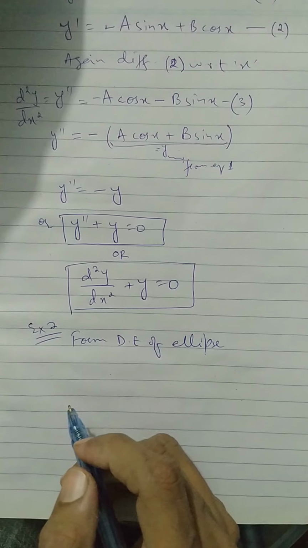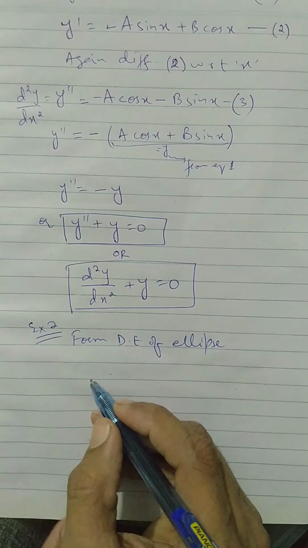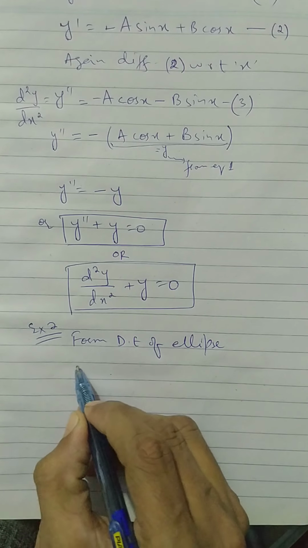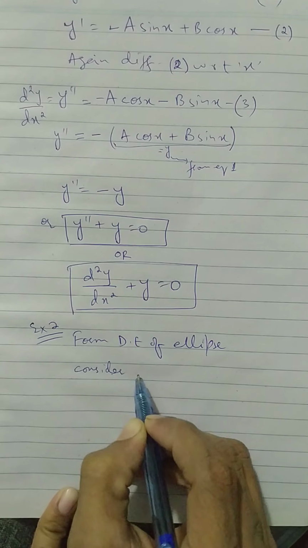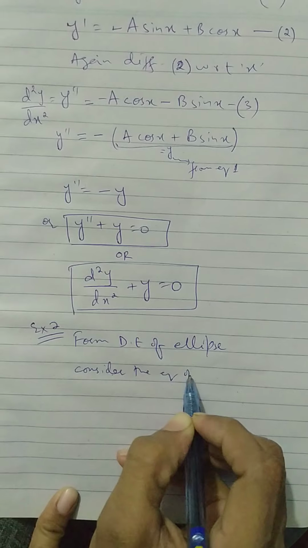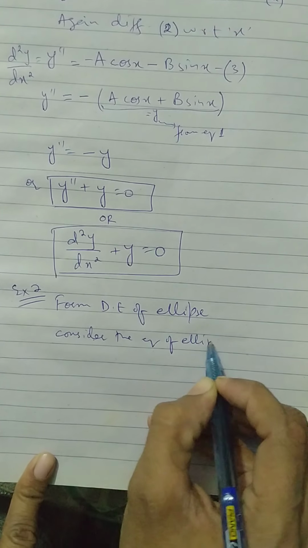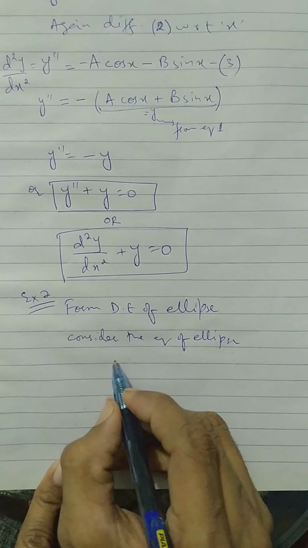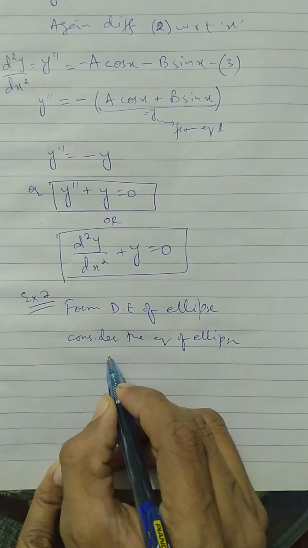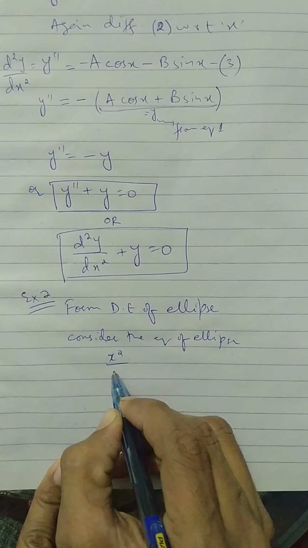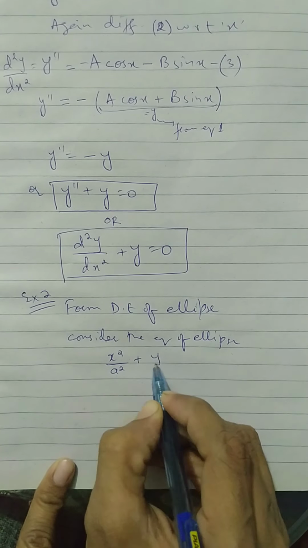Considering the equation of the ellipse as x square divided by a square plus y square divided by b square equals 1. This is the standard equation of an ellipse, in which we can see that we have only two arbitrary constants.